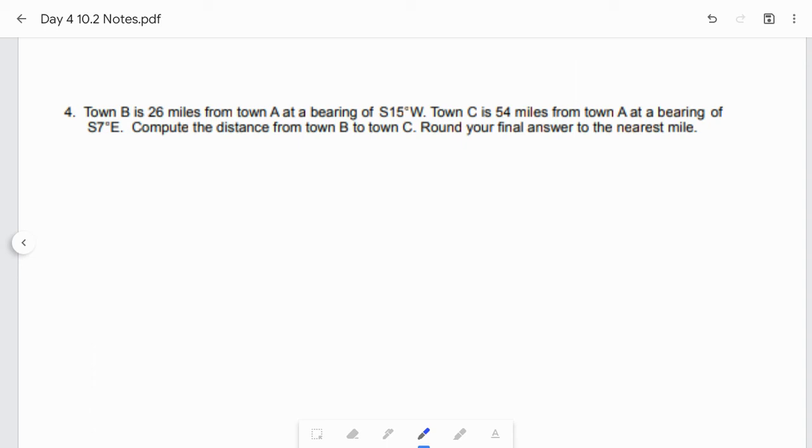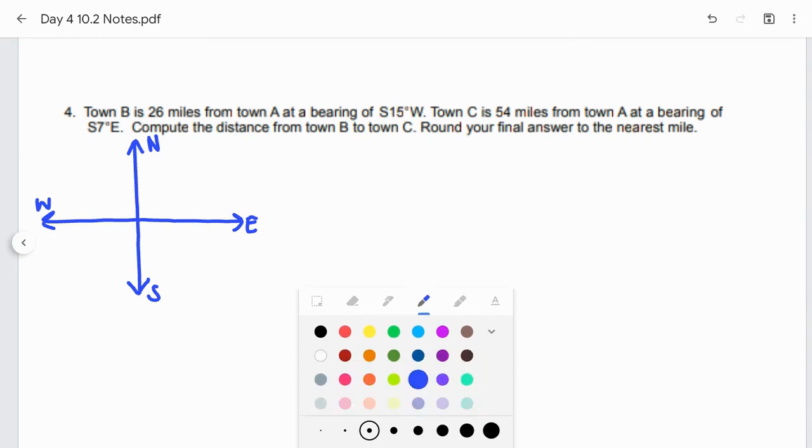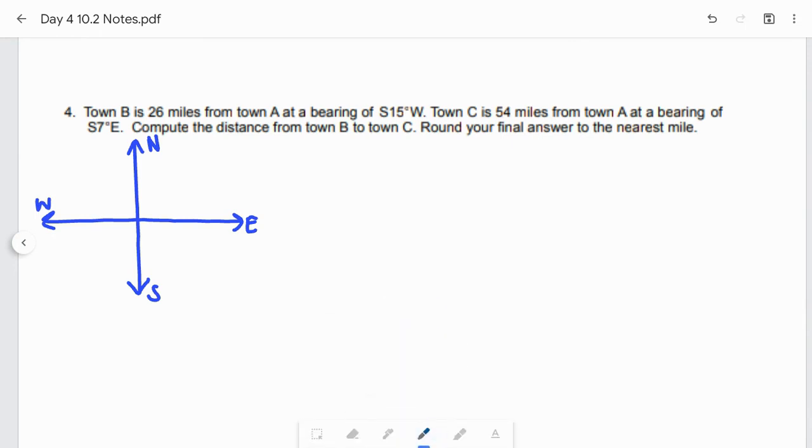So for these problems, I think to start it out, it's easiest if we have an XY plane, and we label it with our north, east, south, and west. So from here, we can kind of sketch what's going on.